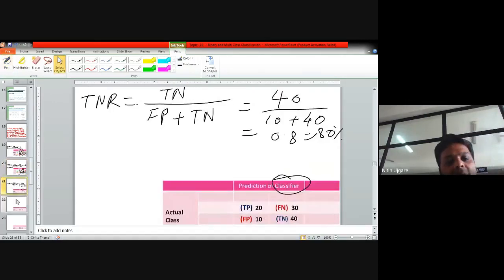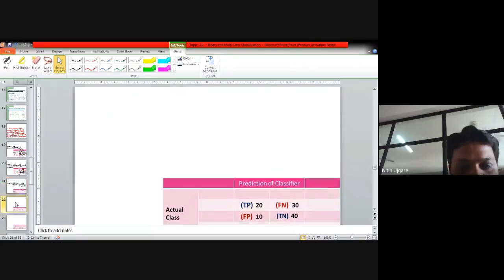Then we'll go to the next concept, that is FNR, the false negative rate. How do we calculate it? That we'll see. The false negative rate is also sometimes referred to as fallout. How do we calculate the FNR?